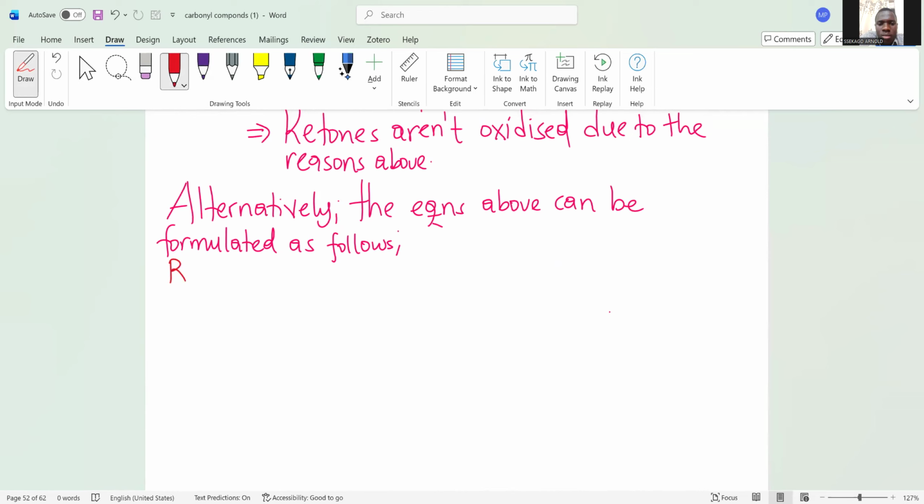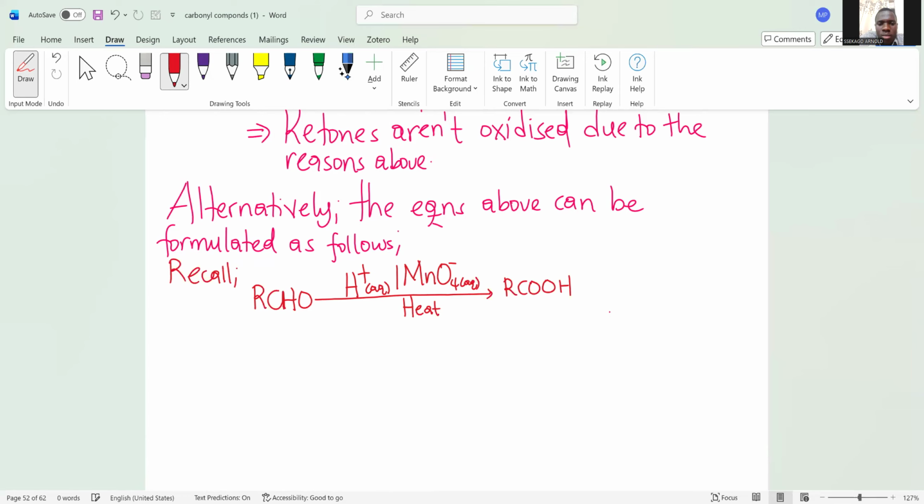Recall that we saw that if I have RCHO with acidified potassium manganate(VII) solution, acidified with dilute sulfuric acid, and heat, we get a carboxylic acid.